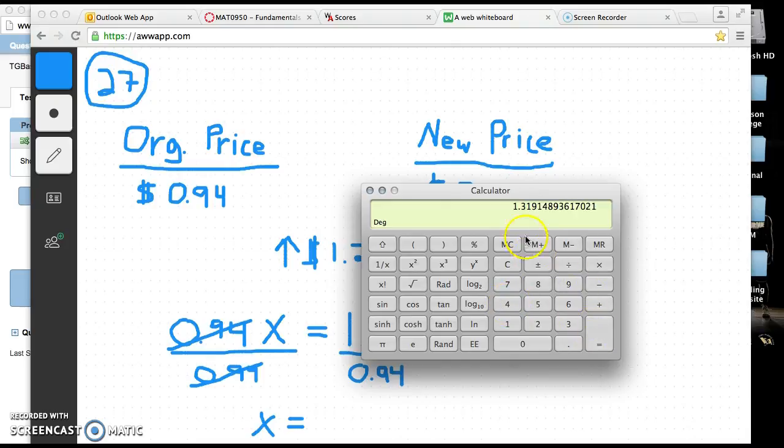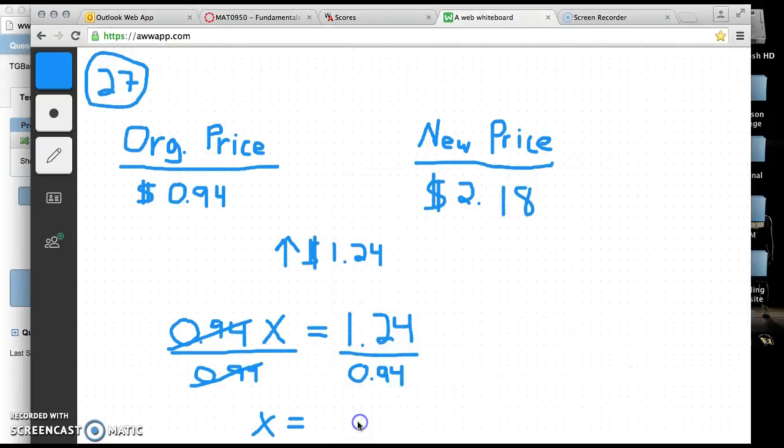And this is equal to 1.31914, and as you can see, it continues to go on and on. Let's just round this to 4 decimal places, so we'd end up with 1.3191.